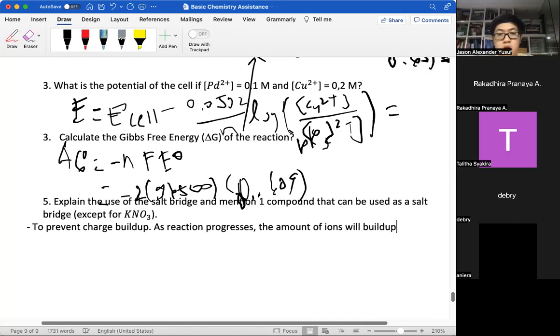If this build-up continues, it will cause the cell to break down and not function properly. So the salt bridge prevents build-up by neutralizing the excess charge. Okay, so name another compound.